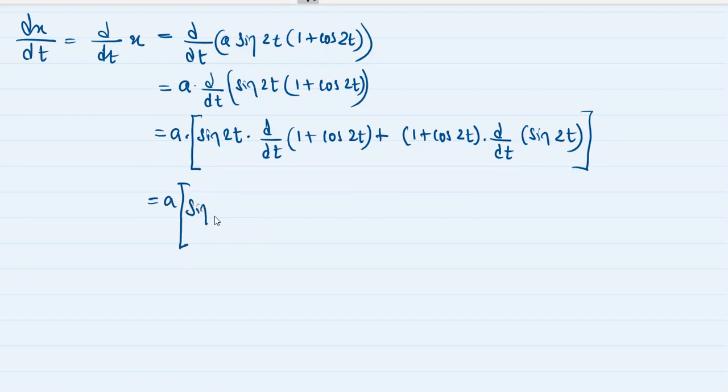Okay, so sine 2t multiplied by d by dt of 1 is 0 plus d by dt of cos 2t.